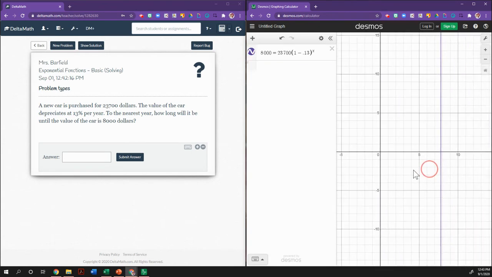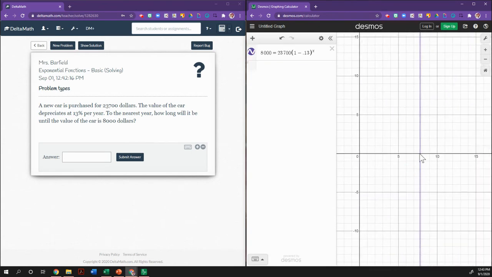Now, this is why I don't like to do the problems all in one line, because that right there doesn't do me any favors. I know my answer is somewhere between 5 and 10. So this is why I like to do line 1 and line 2. Let's copy and paste, and take this out. So we have y equals.